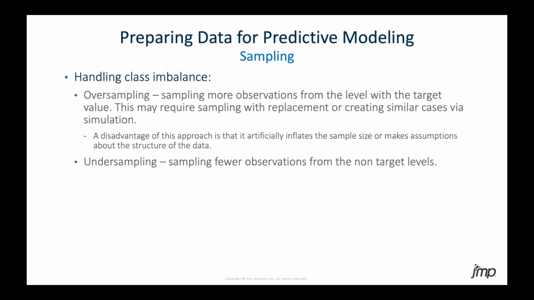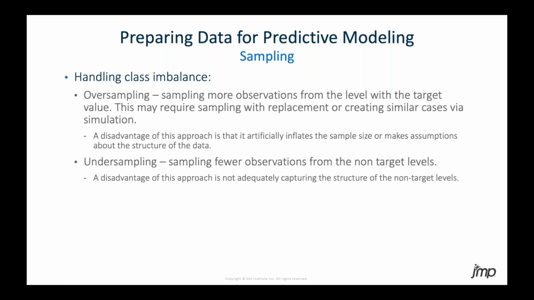Undersampling is another approach, and it is just the opposite. I just sample fewer observations from the non-target level. Again, with our direct mailing, I've got 90,000 and 5,000. What I would do is randomly sample 5,000 people from my non-donators and compare those to the donators.